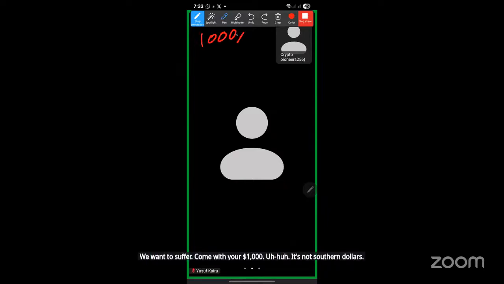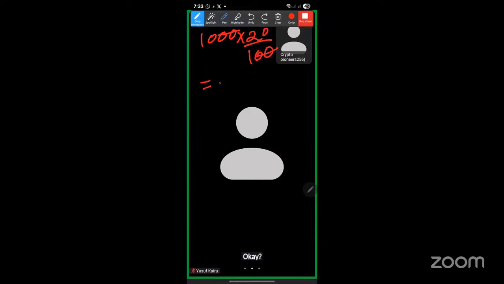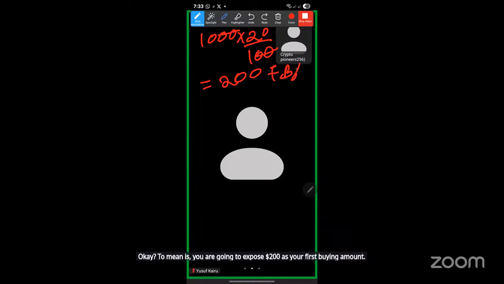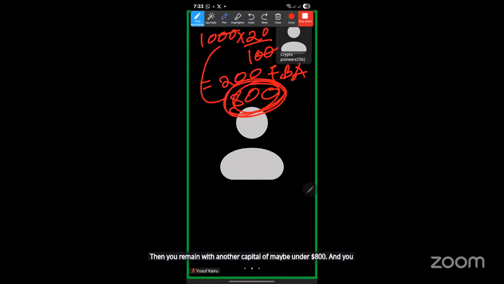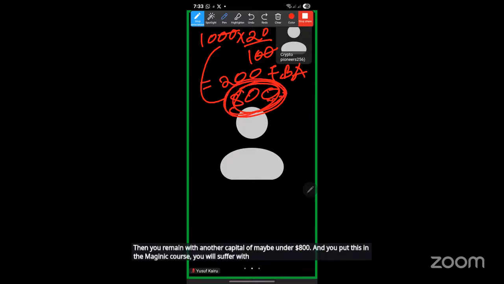Then you go ahead, you expose 20% of your capital as your first buying amount. It means you are going to expose $200 as your first buying amount. Then you remain with another capital of maybe under 800, and you put this in the margin calls. You will suffer with this strategy.